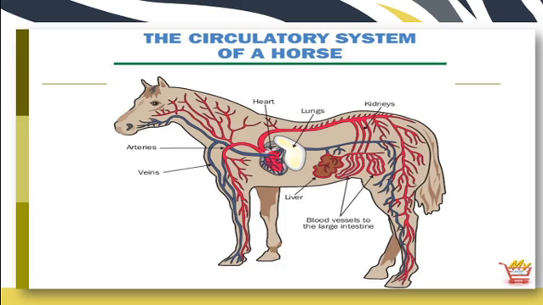The blood flows from the heart to other parts of the body, and again from the other parts of the body back to the heart, with the help of arteries and veins.